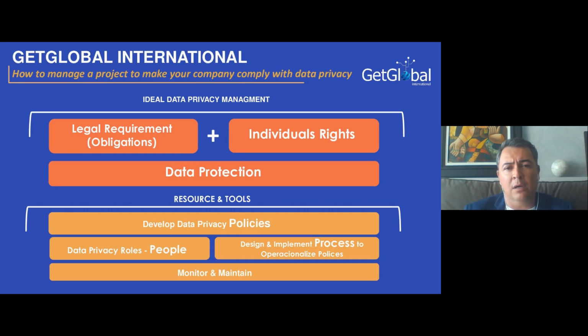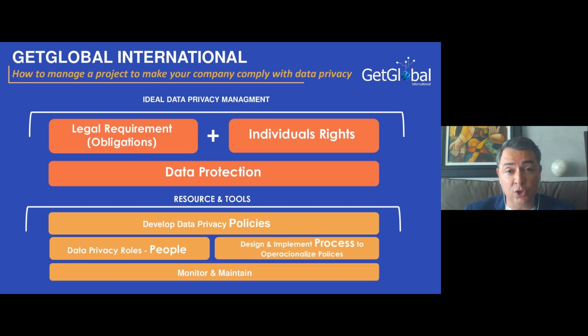Because we are thinking about a new product or a new service. So will the area be responsible for letting the DPO know that we are working on a new project? What procedure would we have to follow to get the DPO involved in this project and apply the privacy by design 7 principles?